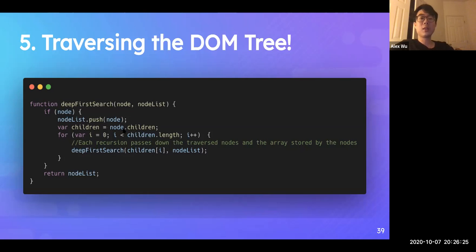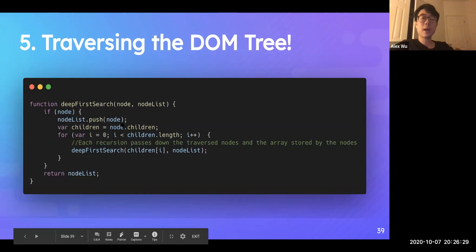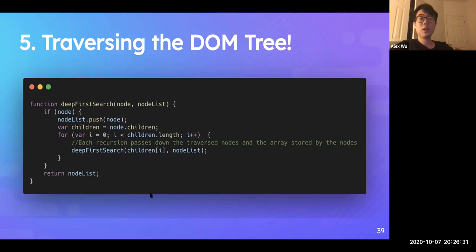Essentially, you will reach one node to its end, and then you will come back and search for another node. This is very useful when you're trying to traverse all the HTML DOM and see what a website is made of. It is very useful when you're, for example, scraping something.